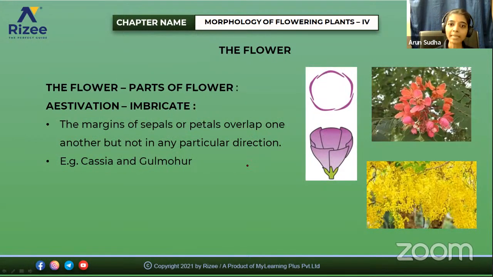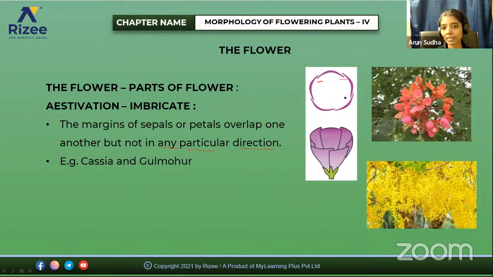And then imbricate estivation. What do you mean by imbricate estivation? The margins of sepals or petals overlap one another, but not in any particular direction. In the previous one, the twisted estivation, we saw that there is a regular overlapping, like one exterior, one interior, a complete overlapping. But here they overlap one another, but not in any particular direction. For example, here both the ends are interior.